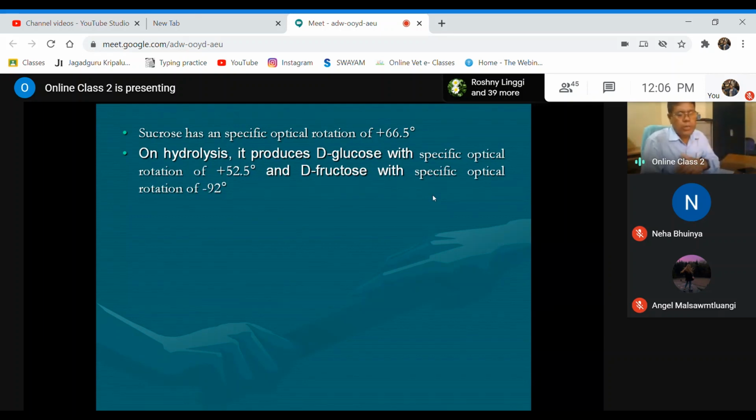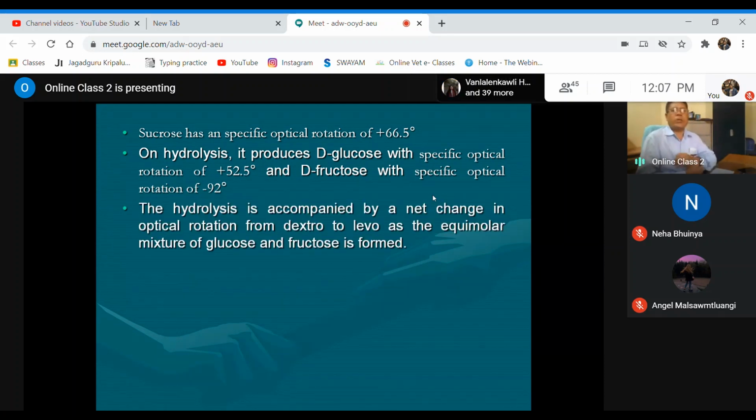If you sum up these two, the result becomes negative, which means it is levorotatory. So before hydrolysis, the sucrose was dextrorotatory, but on hydrolysis it has a levorotatory effect, meaning it is inverted. Because of that, this is also called an invert sugar.